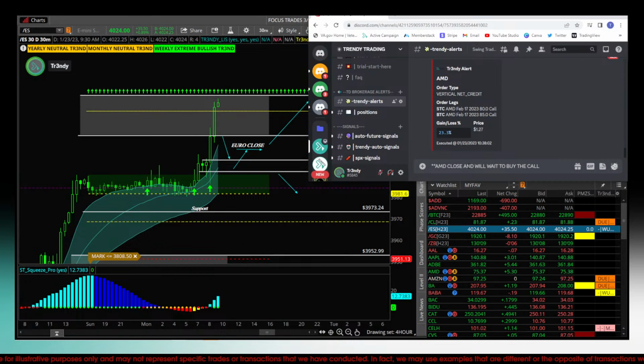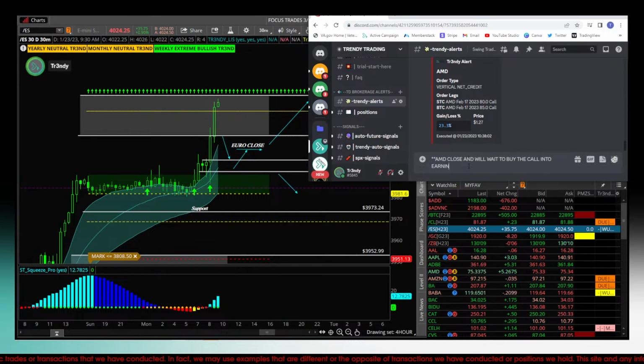So this was the add-on that we did. We'll see if I'm right, but close, and we'll wait to buy the call into earnings on a pullback. Hopefully we get a pullback.